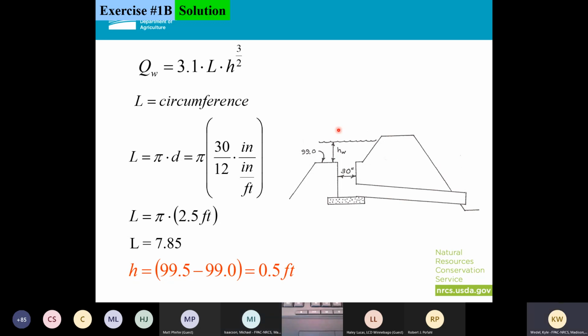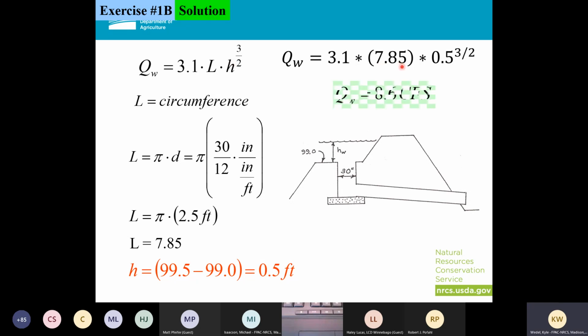Yep. So my head here again is going to be this 0.5 feet. I figured out my L and my H, and I just plug those into my equation and I come up with a Q of 8.6 CFS. So again, as my head goes down, so does my flow.